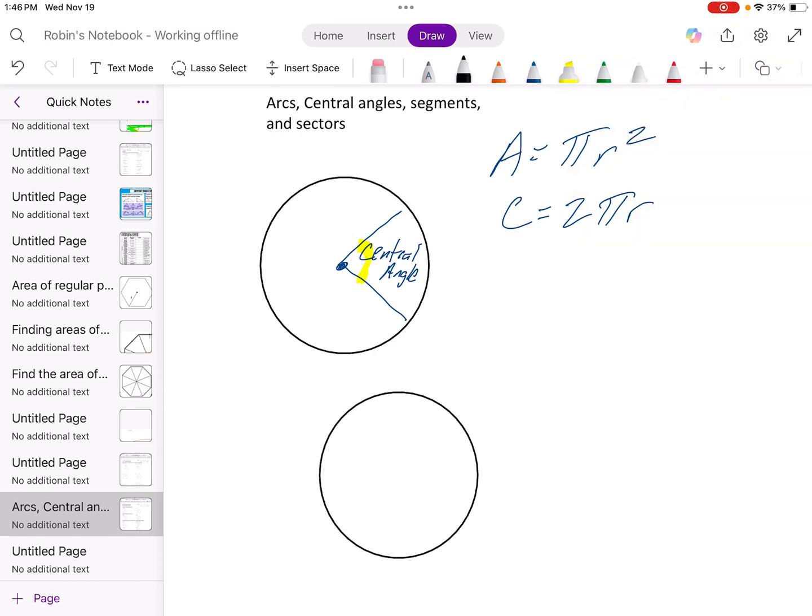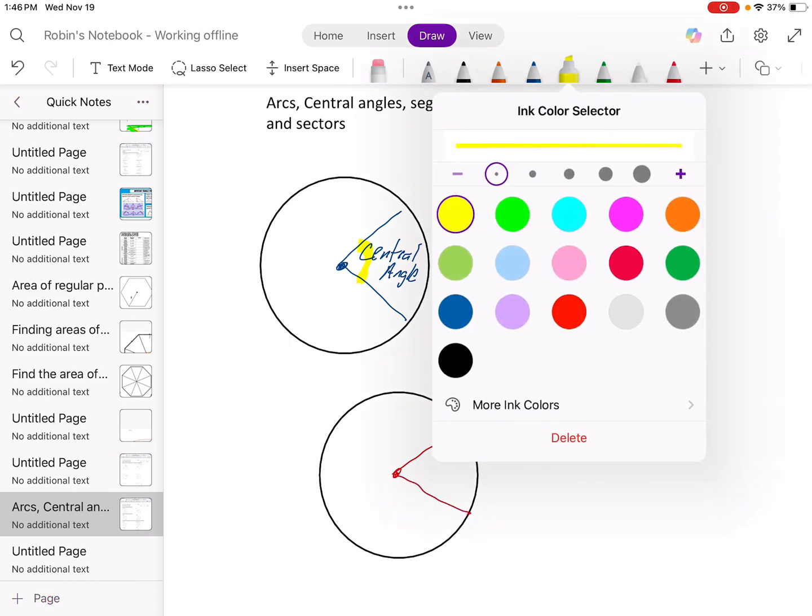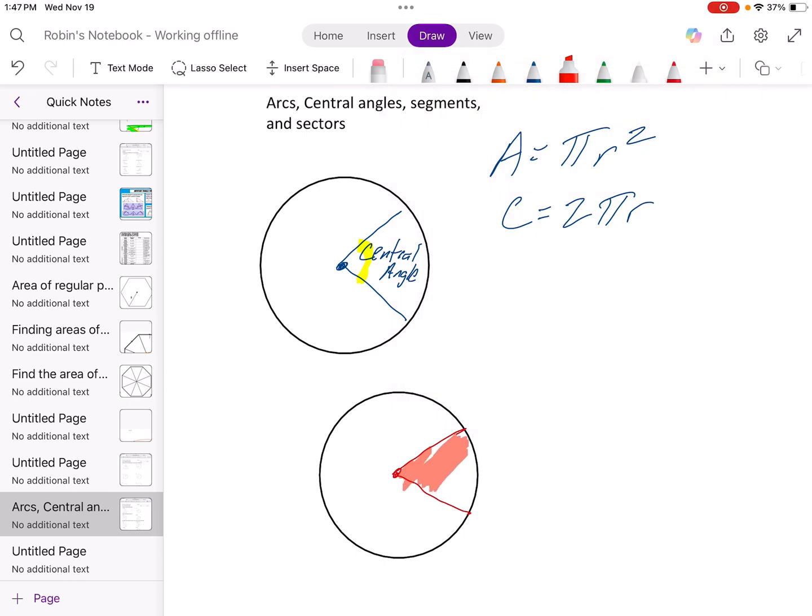And so if, let me make my pizza red, right? If I'm shading all of this in, right? This is my sector, which is area.